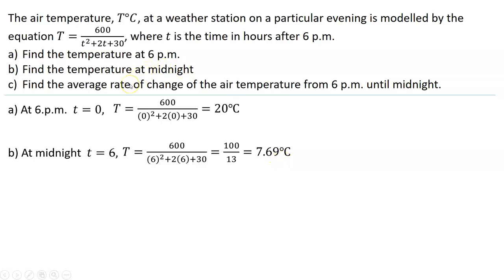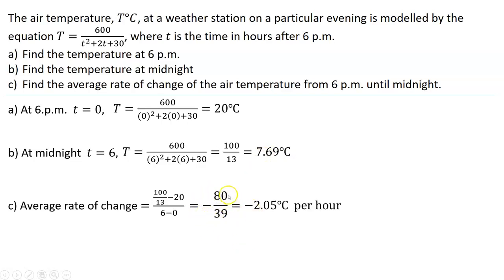So to find the average rate of change from 6 p.m. until midnight, I take the temperature at midnight, subtract the temperature at 6 p.m. divided by the difference between the times. You see here I've substituted my exact value for the temperature at midnight into my calculation. I have not used my rounded value.